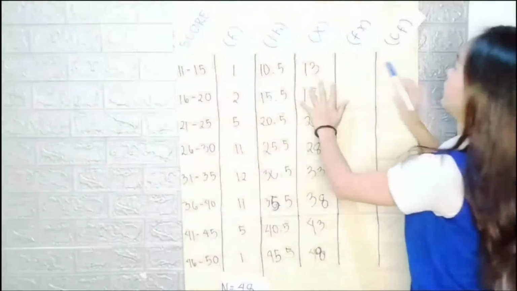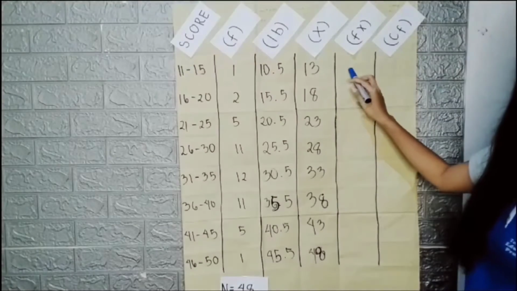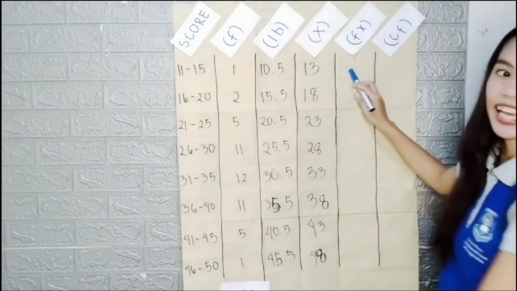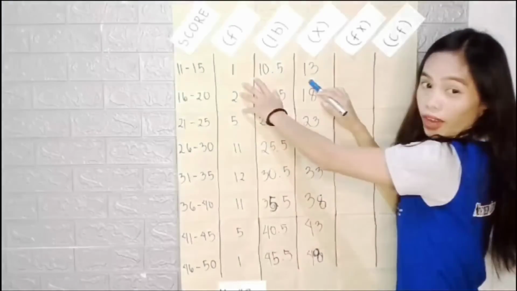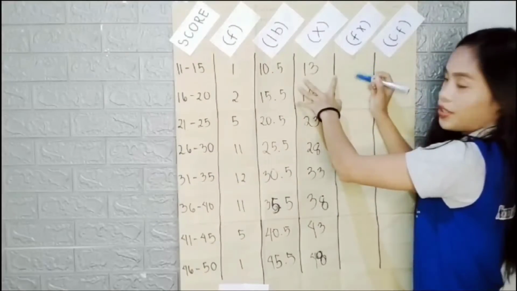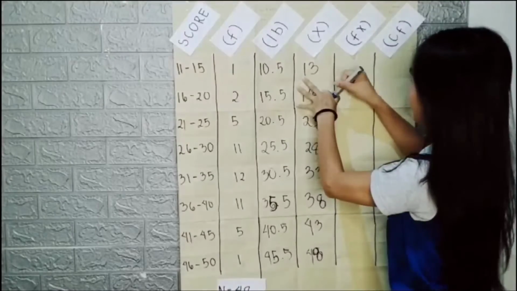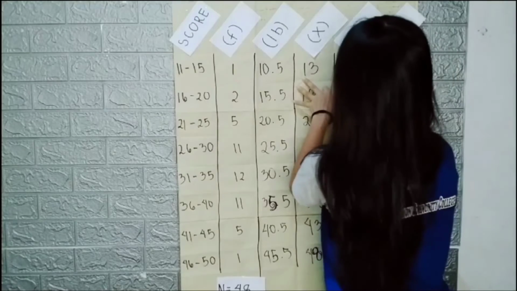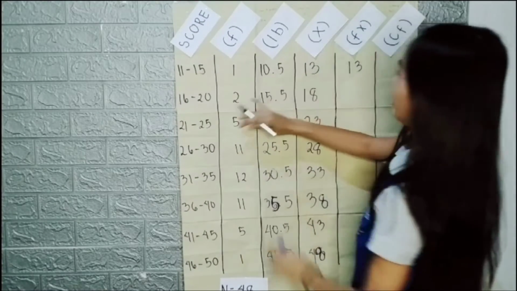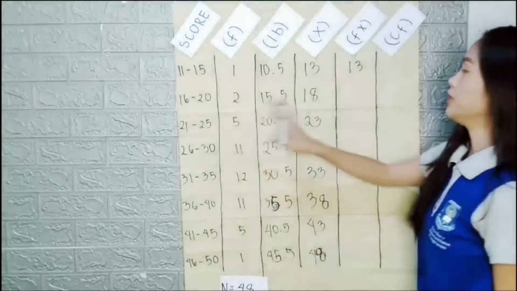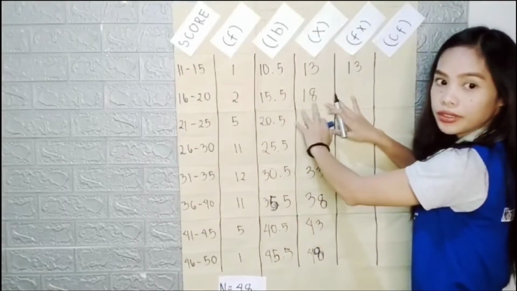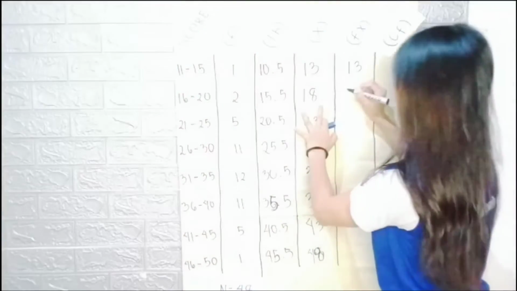So 13 times 1 is equal to 13. Next is 2 times 18 is equal to 36.